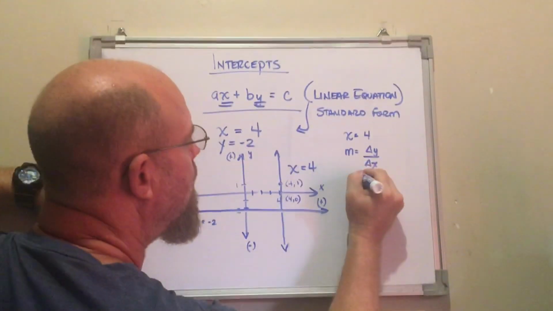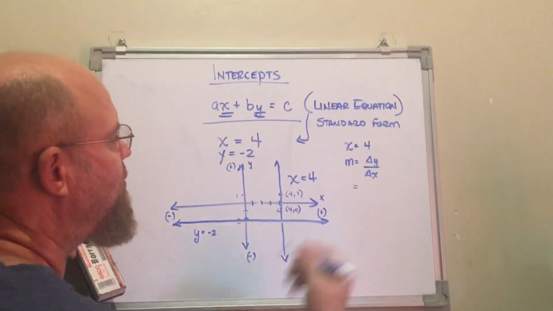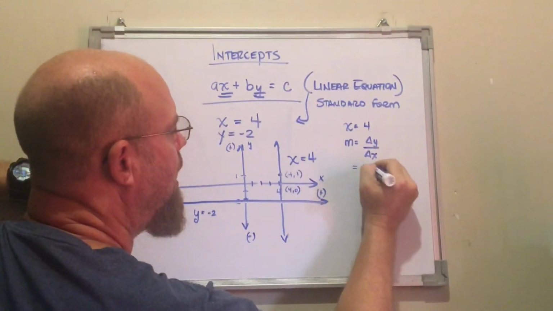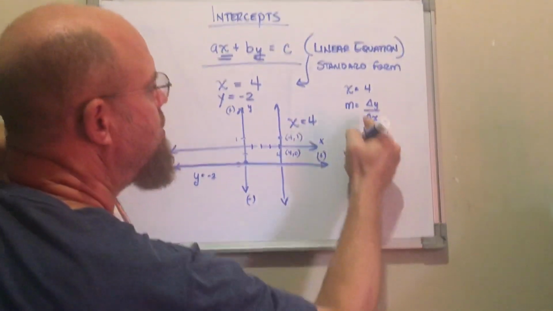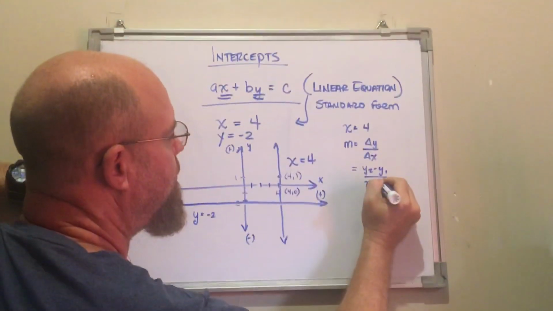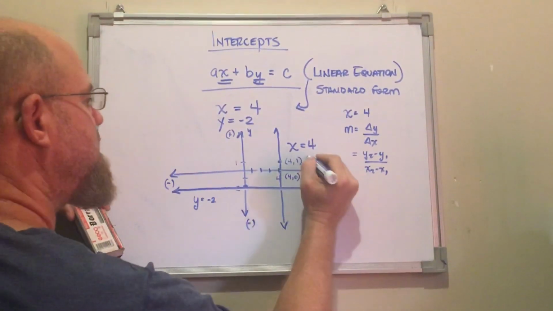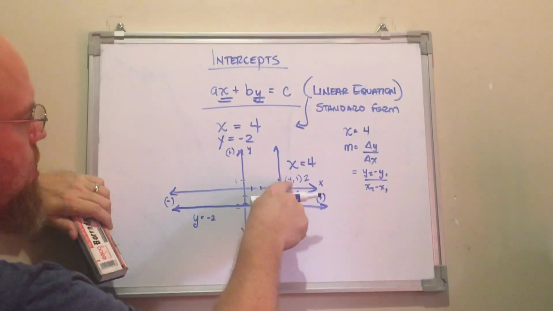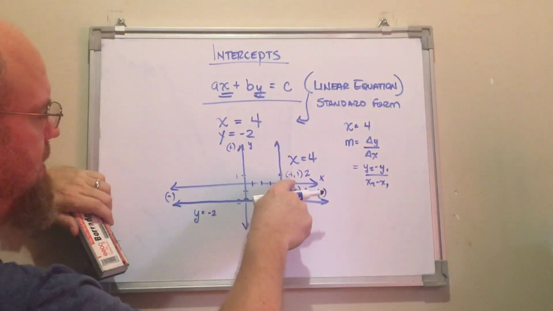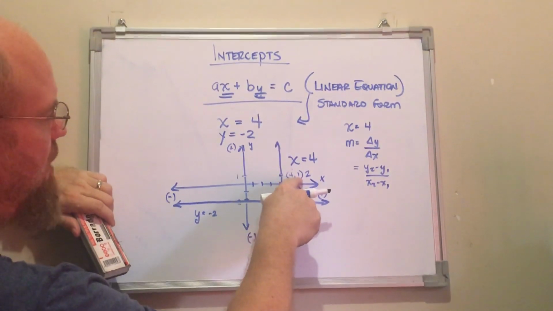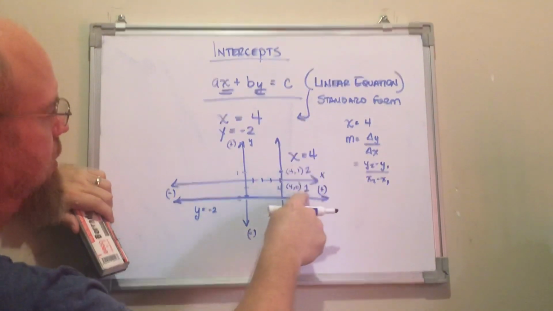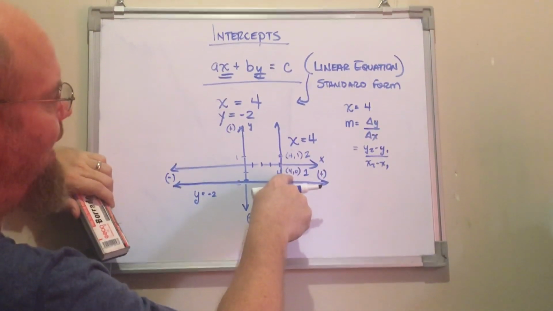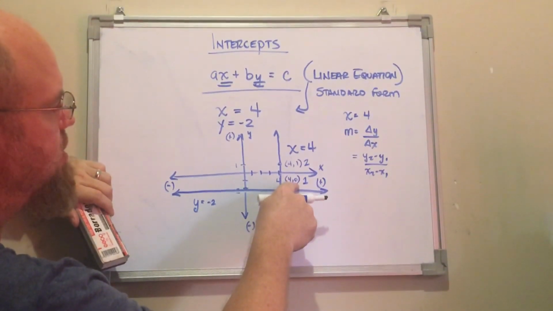So, change in y over change in x is y2 minus y1 over x2 minus x1. Let's say this is point 2 and this is point 1. So 4 is going to be x2, 1 is going to be y2. x1 is going to be 4, y1 is going to be 0.